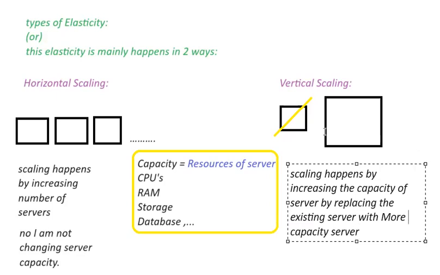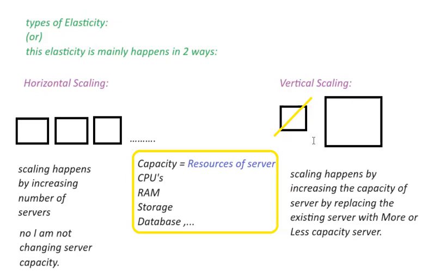At that time, I need to replace this large capacity server with a less capacity server. So that means we are replacing our server with a more capacity server or a less capacity server. In this way, we are scaling out, or else we can say scaling in our servers.